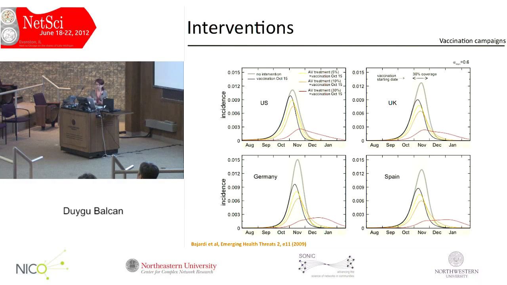Then, which is given by the red curves, you would have a very significant reduction both in the cumulative number of cases and in the peak of the activity. So the burden on the health system or in the population would be much more reduced and more spread in time.